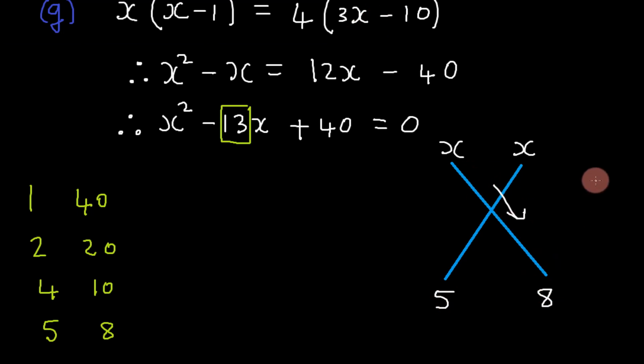X times 8 is 8x. X times 5 is 5x. Our middle term must be negative 13x. And we can get negative 13 if both 8 and 5 are negative. So we need negatives here.